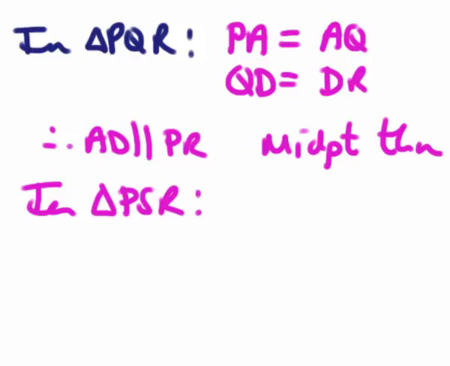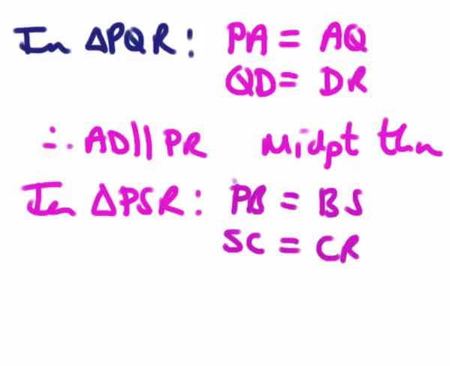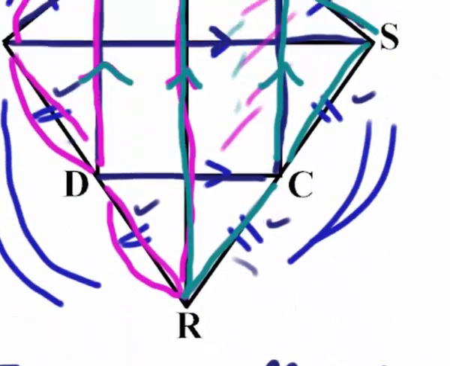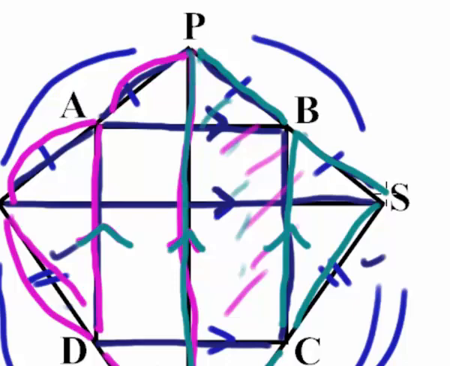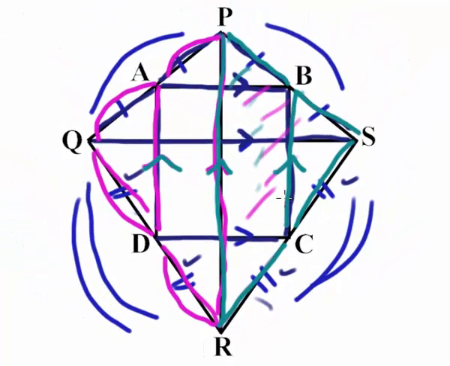In triangle PSR, PB is equal to BS and SC is equal to CR. Go and check it again. PB is equal to BS and SC is equal to CR. And therefore BC is parallel to PR.